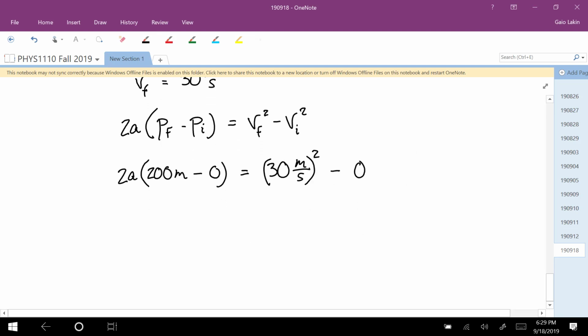And so when we multiply the stuff on the left side of the equation, we get 2 times 200 meters times A is equal to 30 meters per second squared. I'm going to write that like this. So it's 30 meters per second times 30 meters per second. You have to square it all.